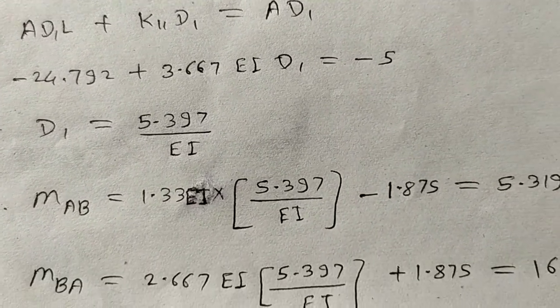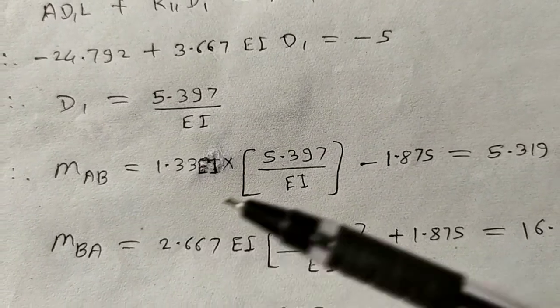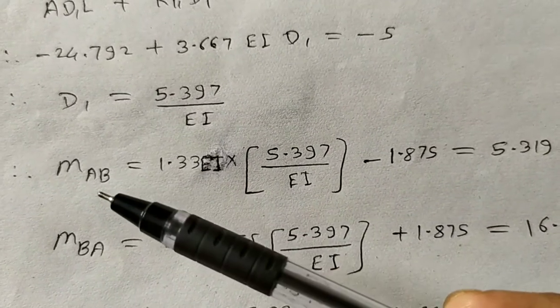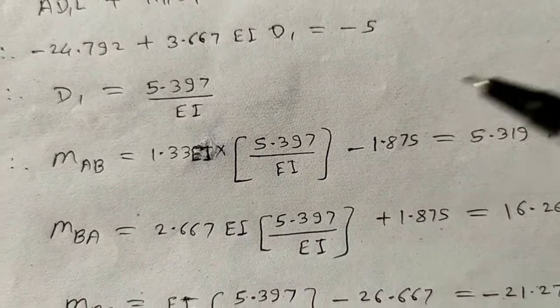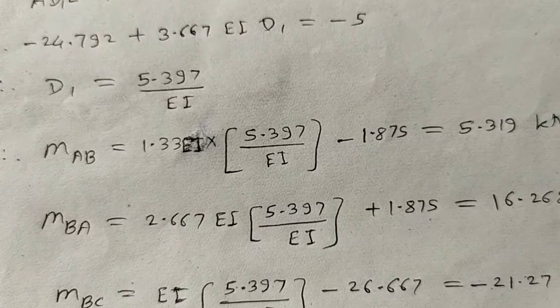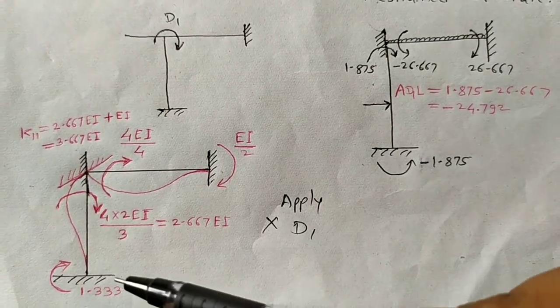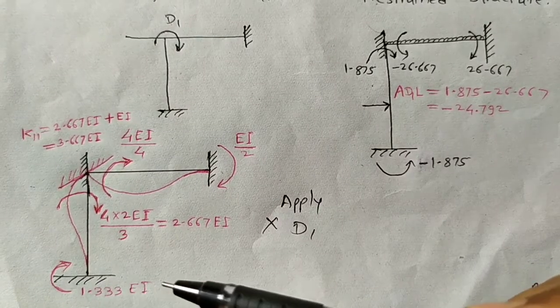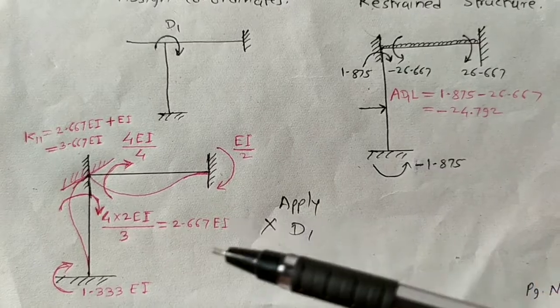Next, we are required to get the values of moment at every joint. So I am going to find MAB. To write this equation, again I will come to the diagrams. To get MAB, this is joint A. We have considered these two diagrams, that is the restraint structure and the application of D1.